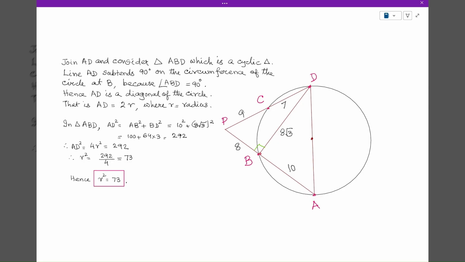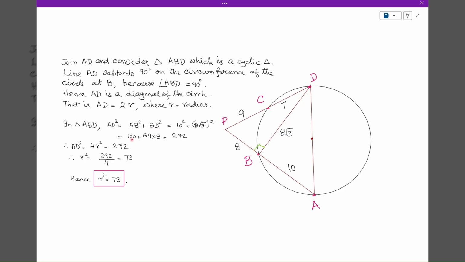Now this is a right angle triangle. Therefore, AD square, which is the hypotenuse squared, is BD square plus BA square. So AD square is equal to AB square plus BD square, and AB is equal to 10, so 10 square. BD we had found out earlier as 8 root 3, so BD square will be 8 root 3 whole squared.